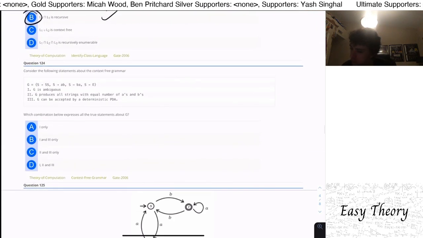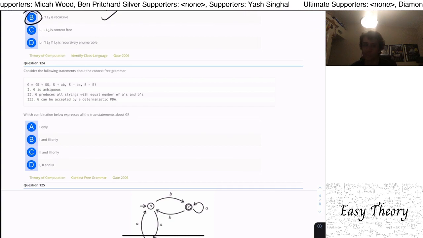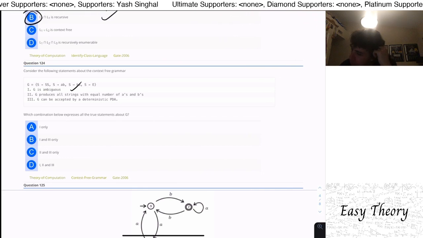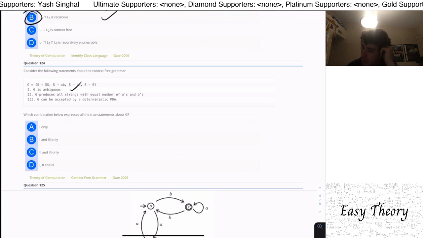Which of the following statements is correct about this grammar? So is it ambiguous? So can we make a string in multiple ways? Yes, we can make the empty string in multiple ways, so that's true. Produces all strings with an equal number of A's and B's. No, it doesn't ever make us. You can't make a string with a lot of A's in a row, I don't think.